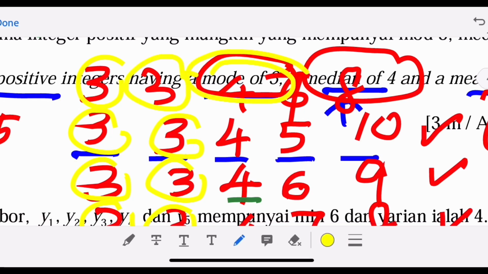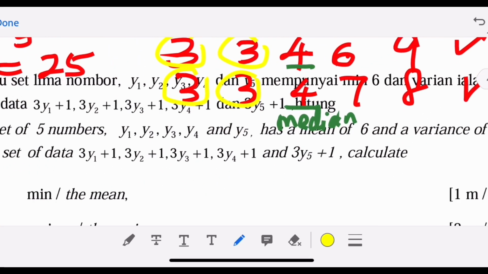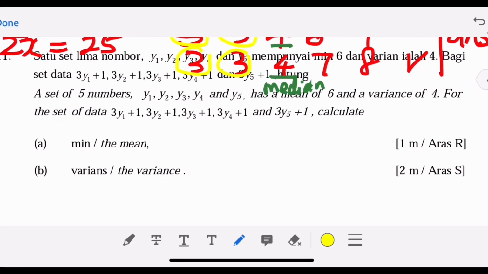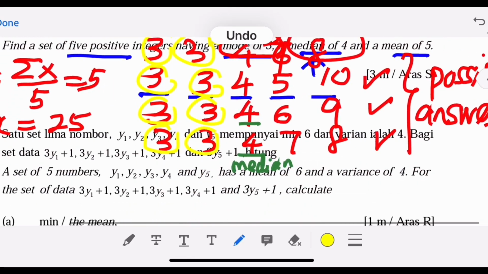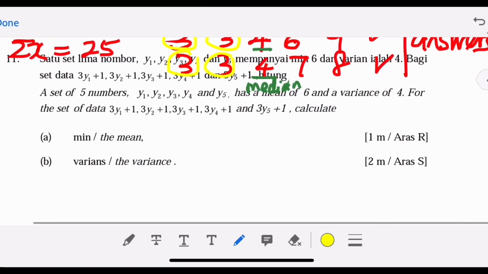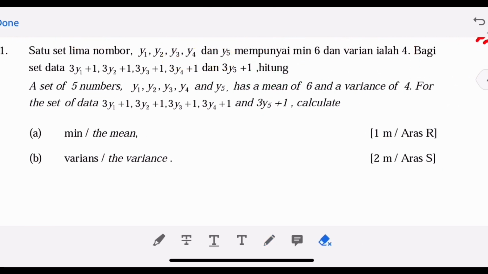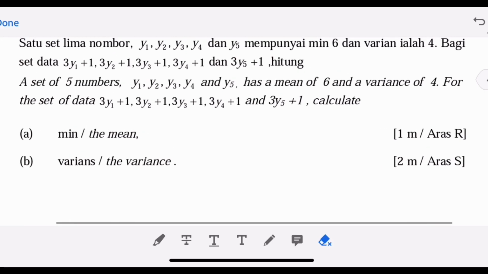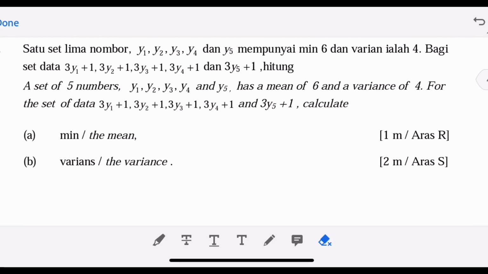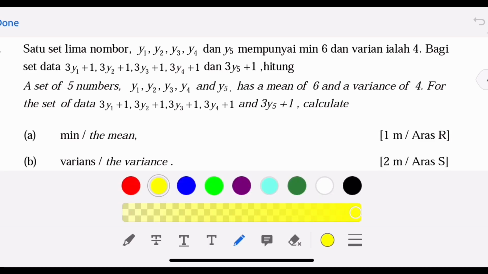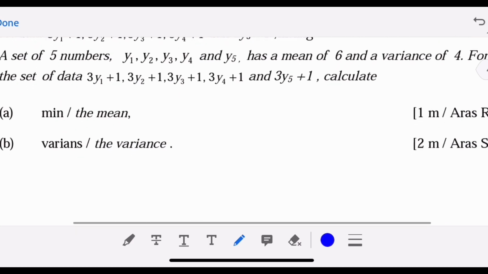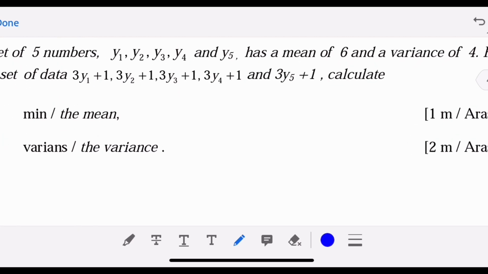Alright, so this is actually a question that demands you to think first before you write the answer. This question is very popular in exams because it involves statistics and you need to think first before you can do it. So let's see the question.